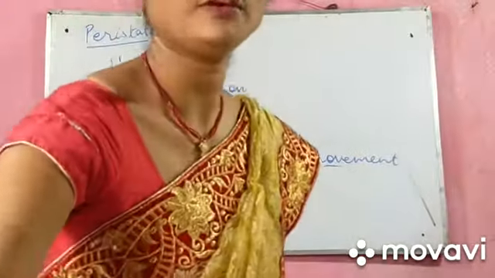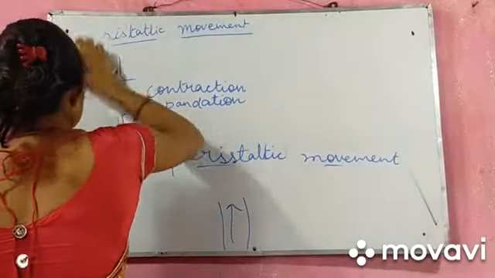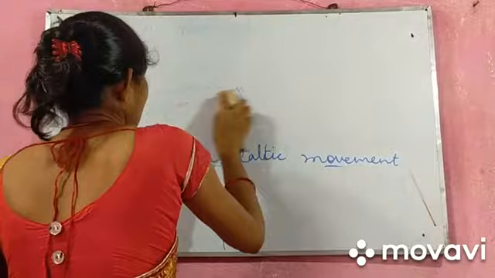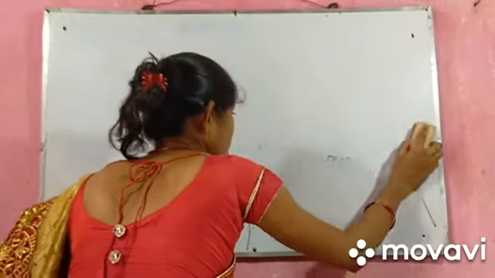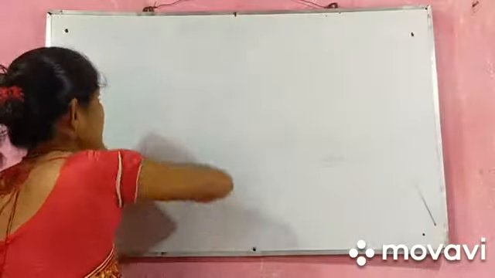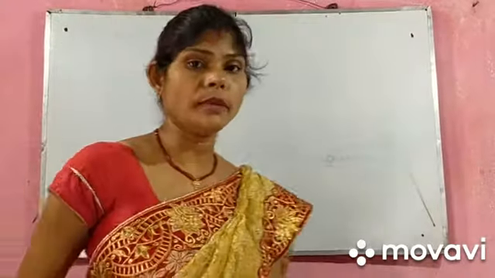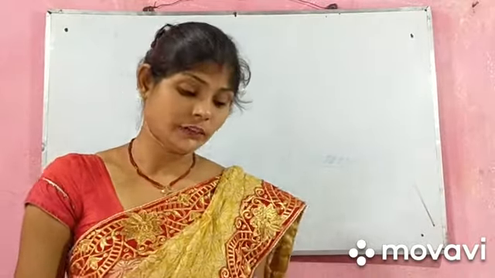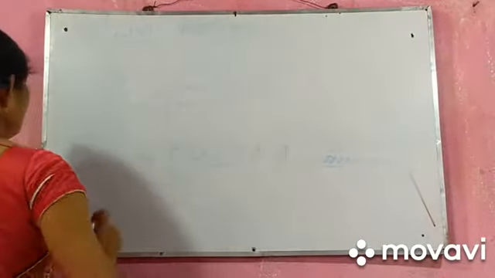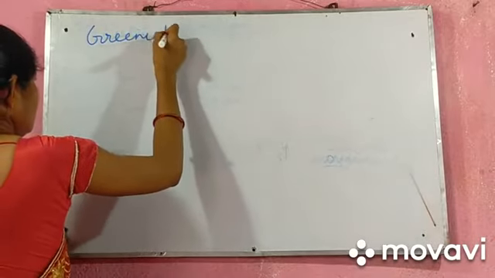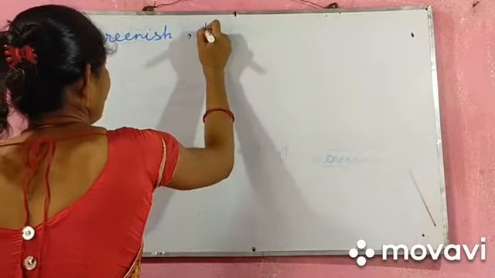Sometimes, when we feel a very huge amount of gastric problem and we vomit, the vomit is greenish in color. Which color is the vomiting here? Greenish. Bitter in taste.